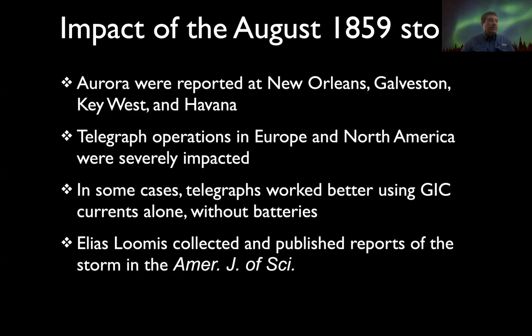There was so much electric current flowing in the ground that there are reports of telegraph operators sticking the bare wires into the ground and using that to power their telegraph instead of the batteries. All of this was collected by Elias Loomis, a professor at Yale University, and published in a series of papers in the American Journal of Science.